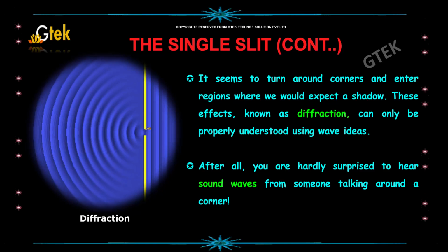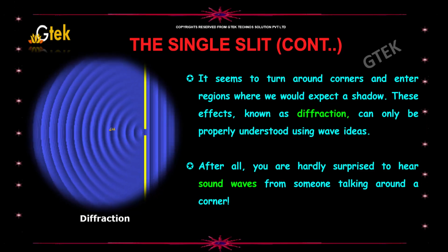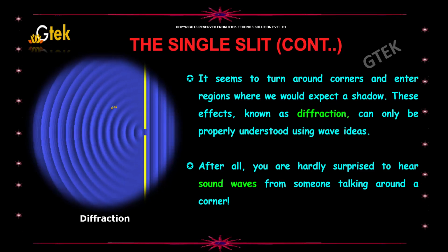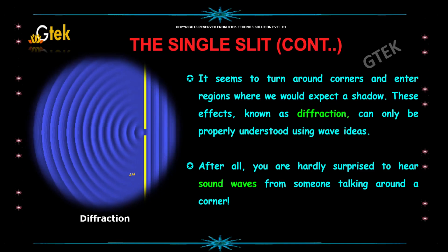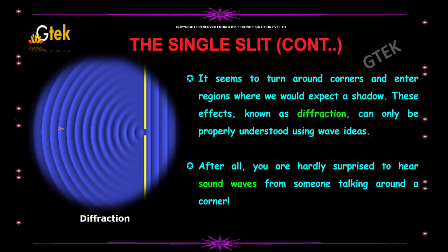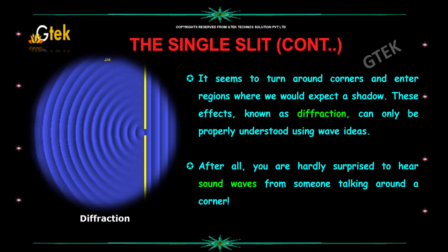It seems to turn around corners and enter regions where we could expect a shadow. These effects are known as diffraction. They can only be properly understood using wave ideas. After all, you are hardly surprised to hear sound waves from someone talking around a corner.